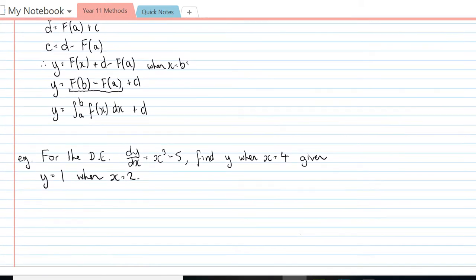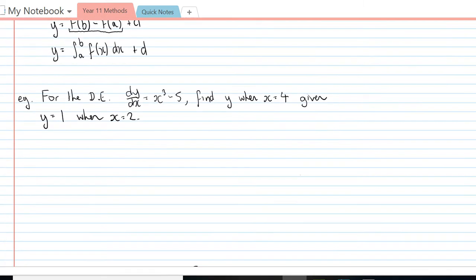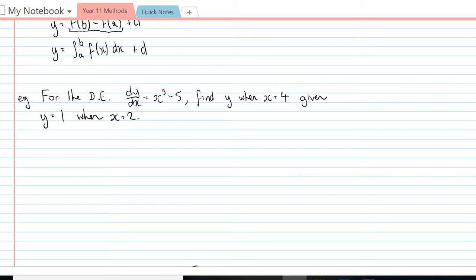So that's a general rule that we can use. If we have a quick look at the example here, for the differential equation dy/dx equals x cubed minus 5, find y when x equals 4, given y equals 1 when x equals 2. Making substitutions into the rule, y equals the integral between 2 and 4 of x cubed minus 5 dx, plus d, which in this case is 1.